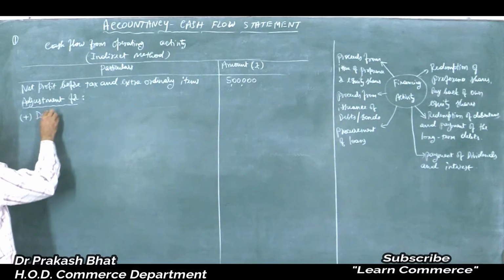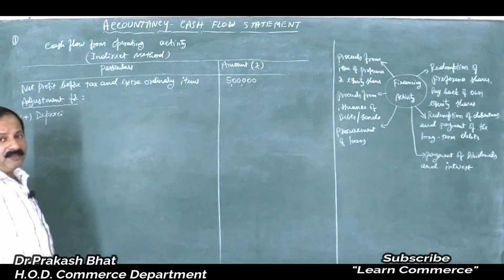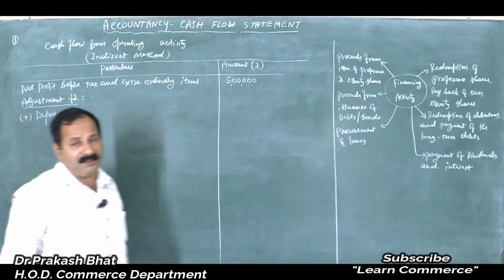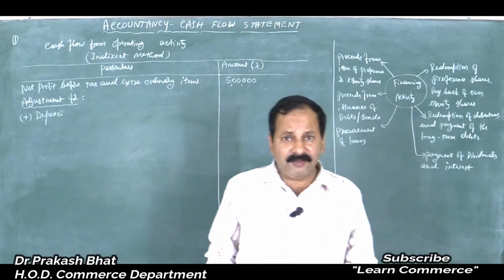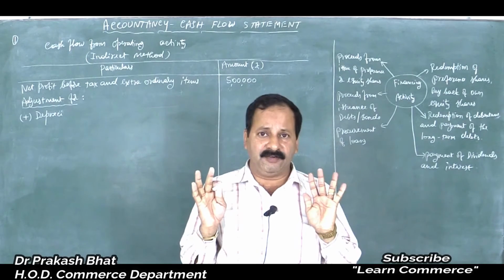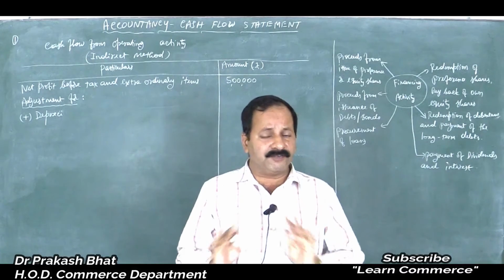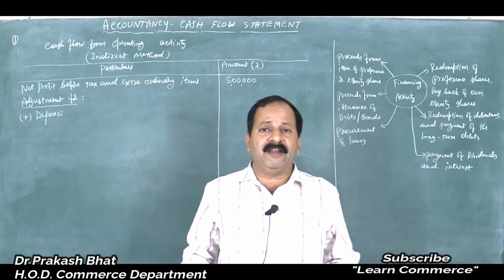Remember, you have to write the figures within bracket if it is a negative figure, minus figure. No need to write minus for that. When you put the figure within bracket, that means it itself is a negative figure. For positive figures, no need to write plus, and you need not put the brackets.